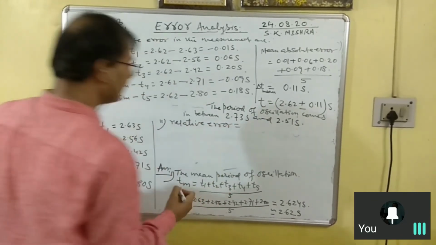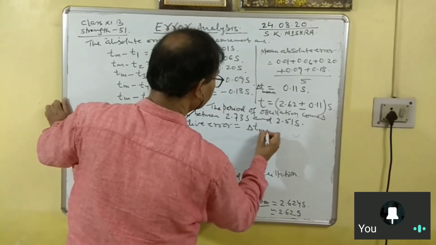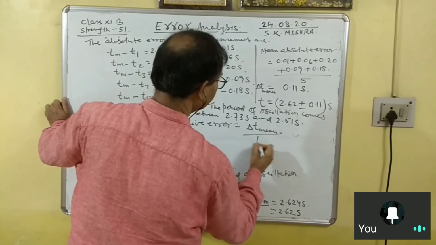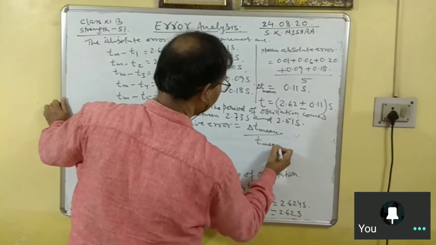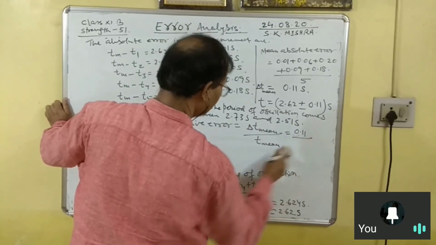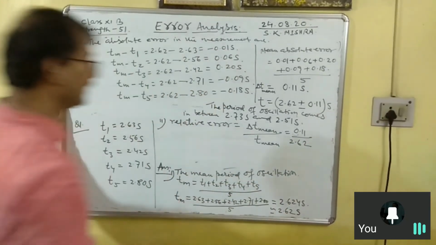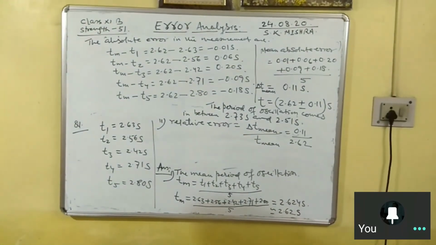So relative error is delta T mean by T mean. What is delta T mean and what is T mean? 2.62.